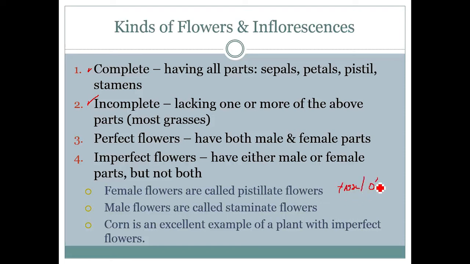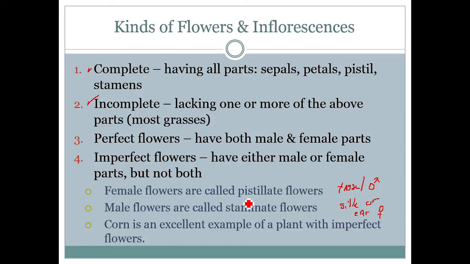This is the male, where the pollen is produced, and then you have the silk at the bottom, or ear, and this is the female. Of course, in the case of corn, you don't have the close proximity of the tassel to the silk, so you have a lot of cross-pollination going on as a result of that.